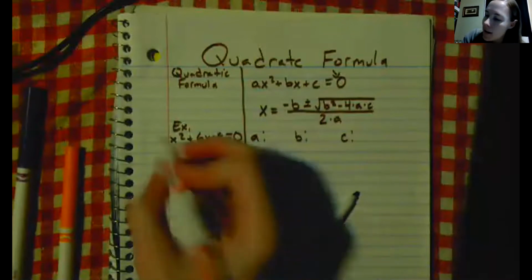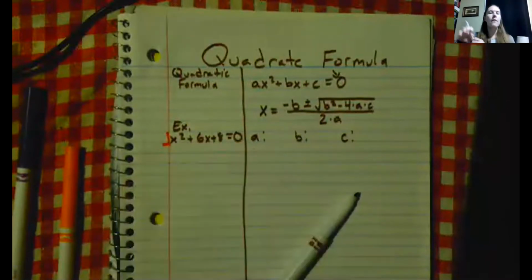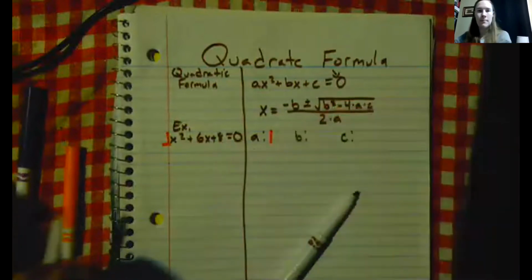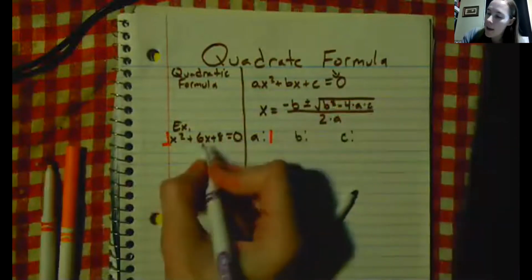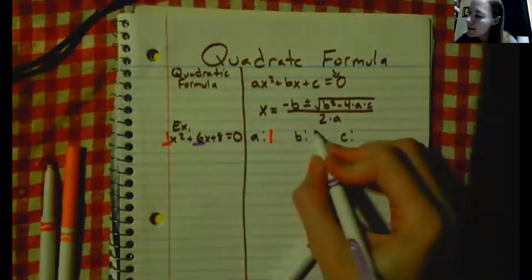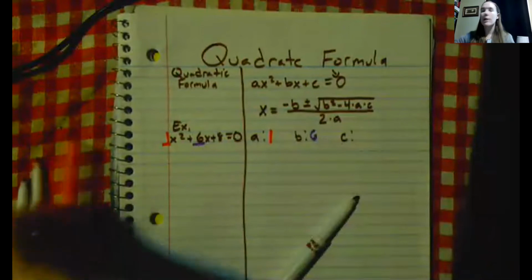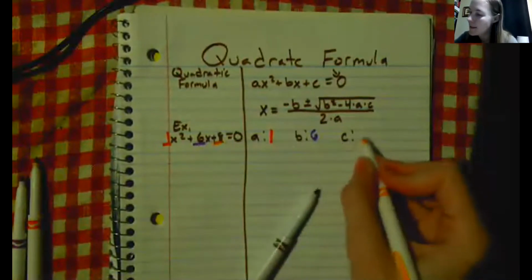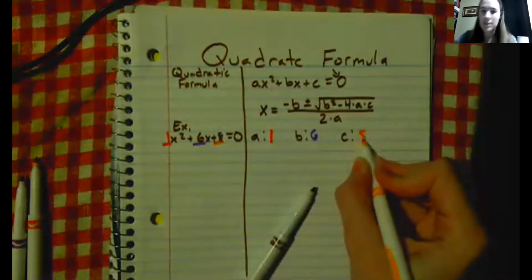Our A is always what's in front of our x squared. So in this case, our A is 1. Our B is whatever term is in front of our x. So in this case, it's 6. And our C is that term that's alone. And in this case, it's an 8.